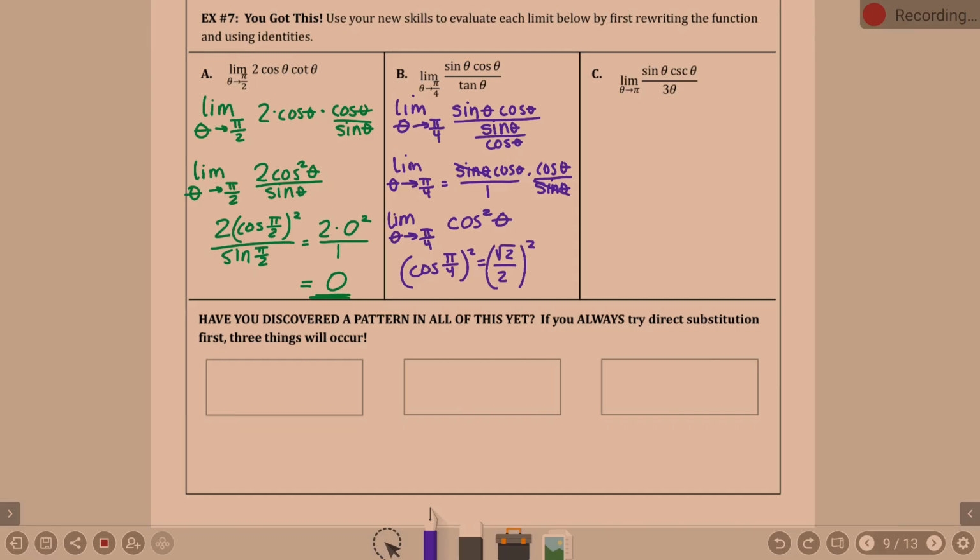I'll be honest, if you use 1 over square root of 2 in this scenario, it's actually going to be easier because you're not going to have to reduce. But just remember sine and cosine of pi over 4 are both square root of 2 over 2. So this becomes 2/4, and I have to reduce mine to 1/2, whereas Logan would have just been at 1/2 from squaring. So normal rule of thumb, I would use square root of 2 over 2.